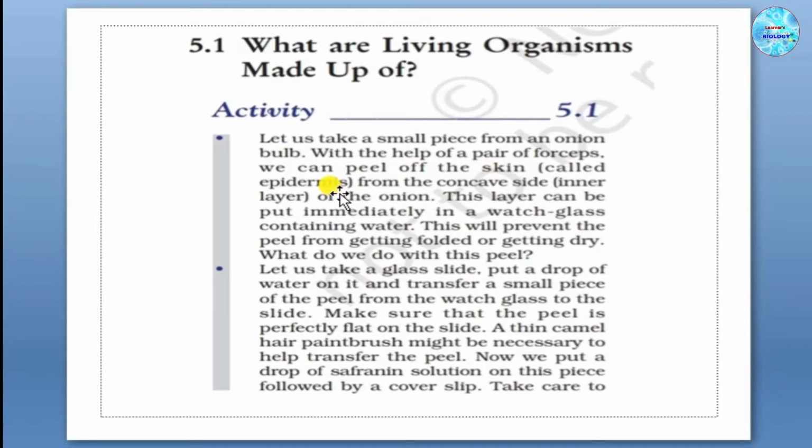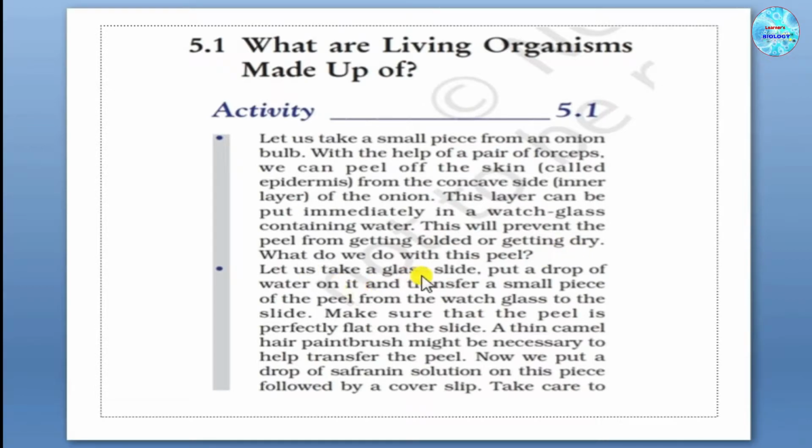The skin of the onion bulb is known as the epidermis. From the concave side or the inner side of the onion, we peel off the skin. This layer must be put immediately in a watch glass which contains water. Doing so, we can prevent the peel from getting folded or dried up.